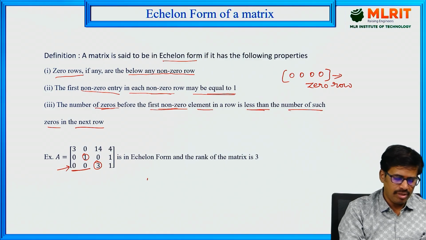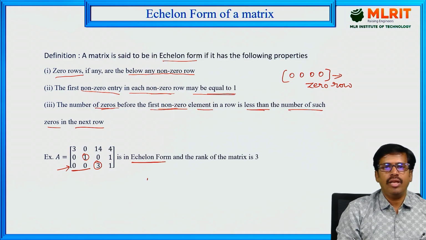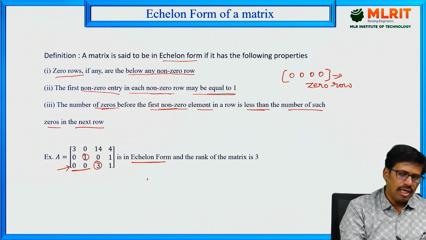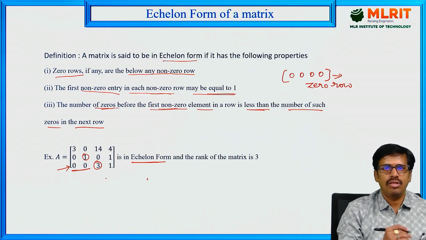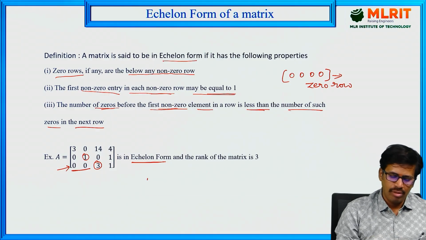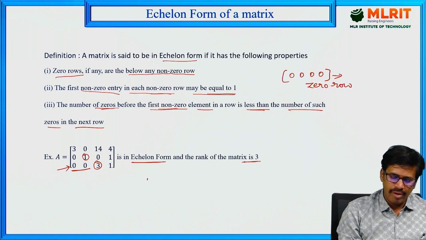Say for example, this is the matrix 3 0 1 4, 0 1 0 1, 0 0 3 1. This is said to be in echelon form. The elements below the diagonal must be equal to 0. Above the diagonal elements, we don't bother. Here we say that the rank of the matrix is 3.